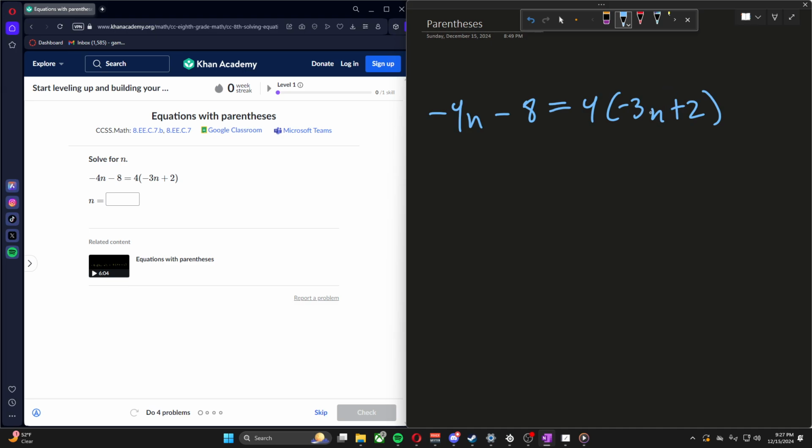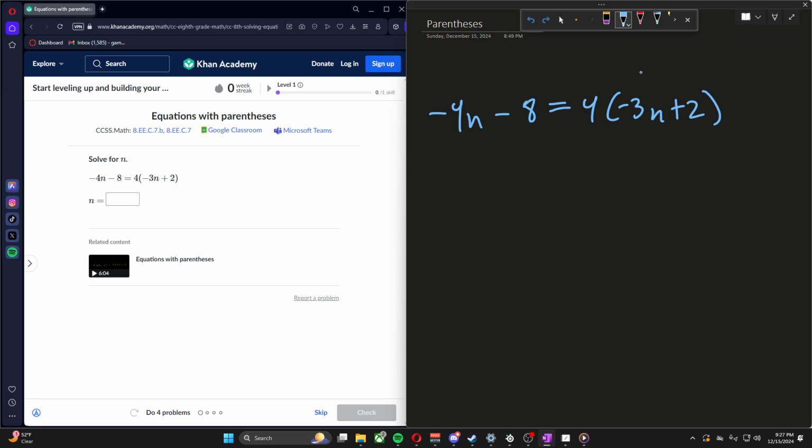Because we have a variable within the parentheses. We can't add 2 to 3n because the 2 itself doesn't have an n. It's missing an n right here. So this is as simple as we can get what's inside the parentheses. So we can't do anything in it.